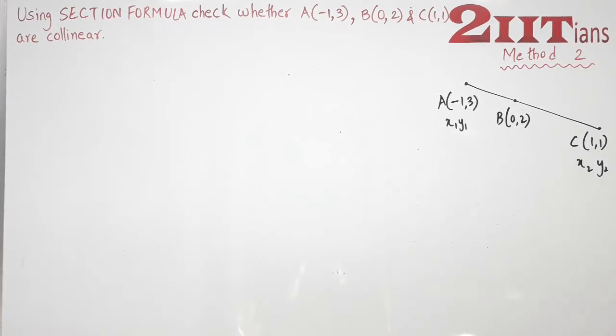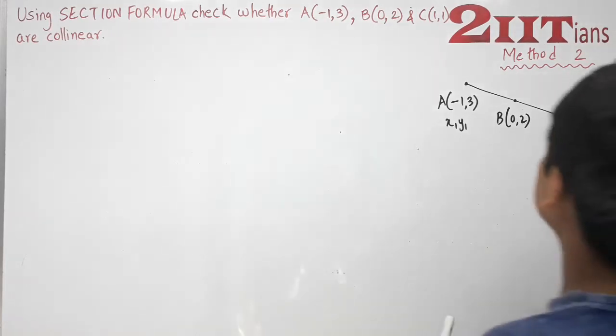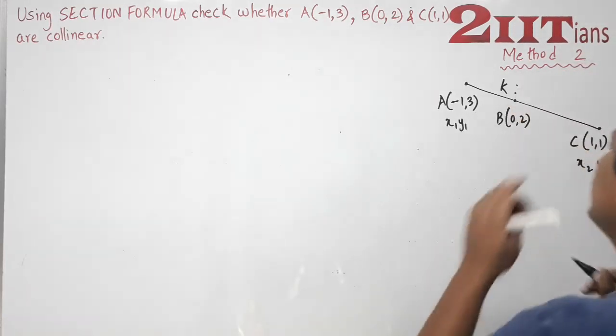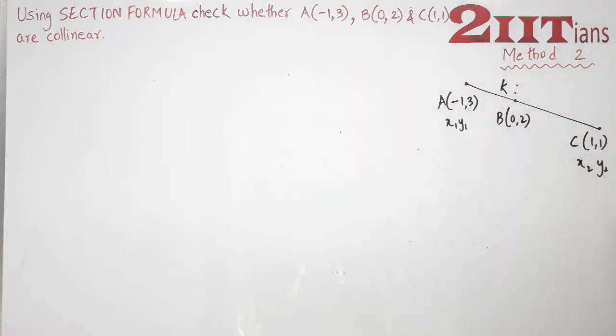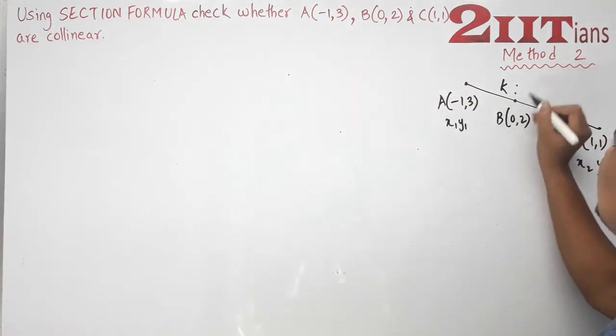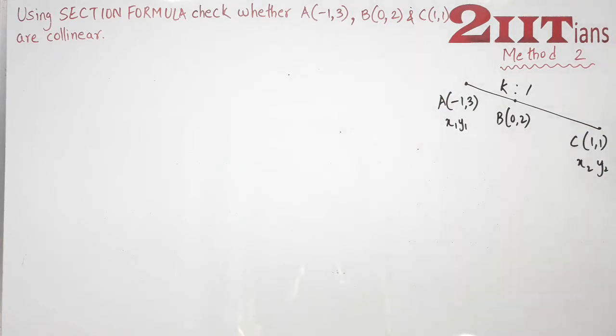Now we will use the section formula. So let us assume that B already lies in the line segment AC and B divides the line segment AC in the ratio K is to 1. So this should be confirmed with both the abscissa 0 and the ordinate 2.